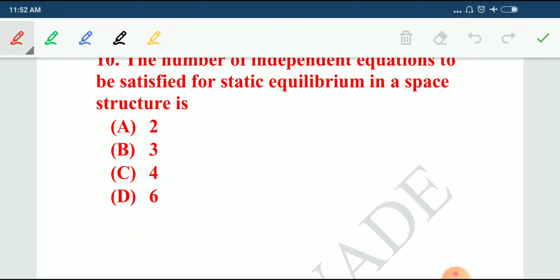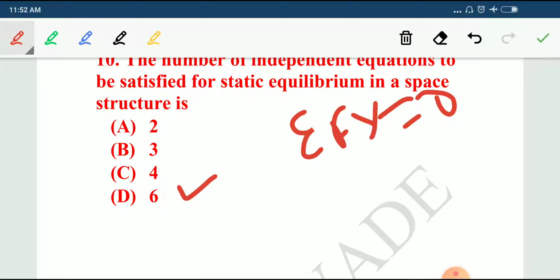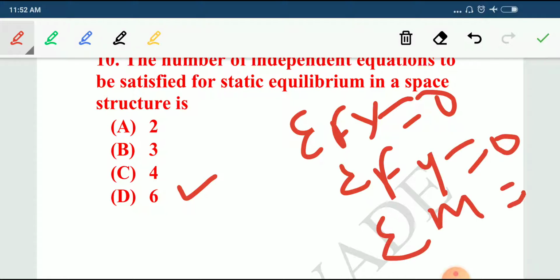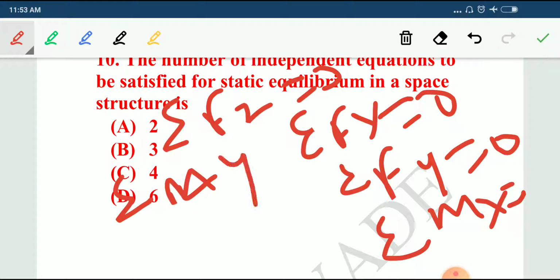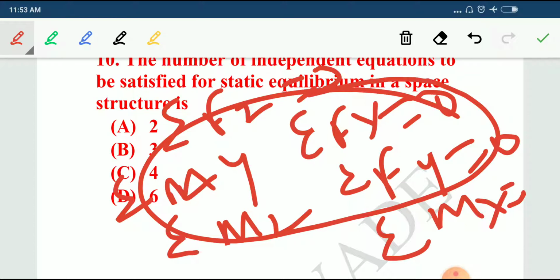How many conditions of equilibrium are needed? For space it will be 6. That is summation of Fx is equal to 0, summation of Fy is equal to 0, summation of Mx is equal to 0, summation of Fz is equal to 0, summation of My is equal to 0, and summation of Mz is equal to 0. These are 6 conditions of equilibrium for space.